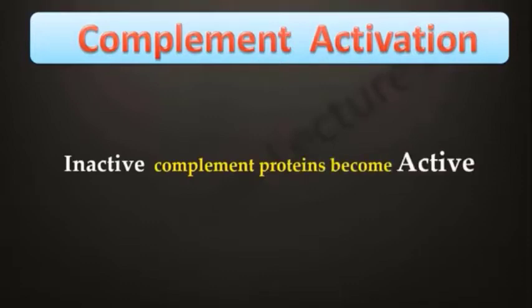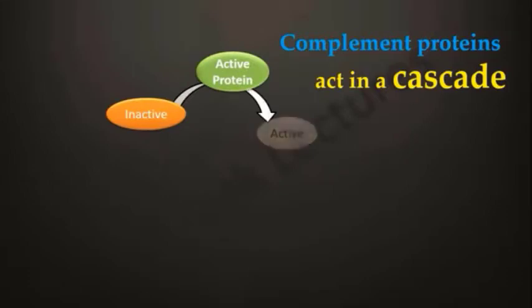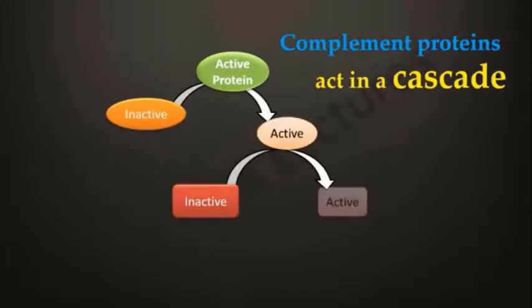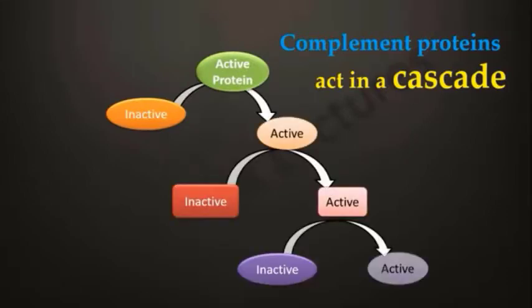That is, when inactive proteins become active, it leads to complement activation. One important property of complement proteins is that they act in a cascade, which means one reaction stimulates another reaction, which further stimulates another, and so on.